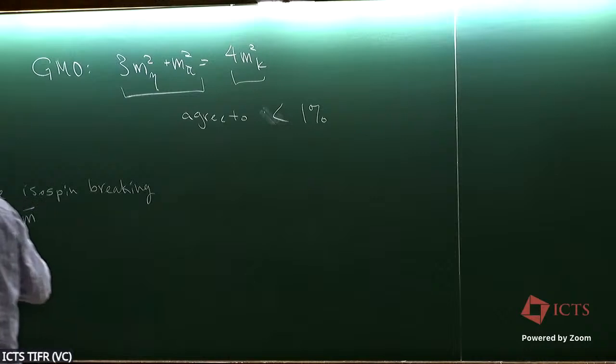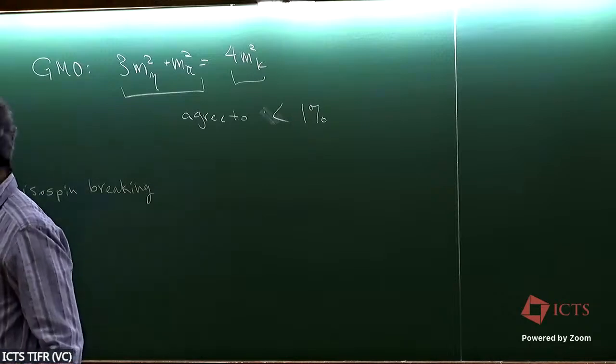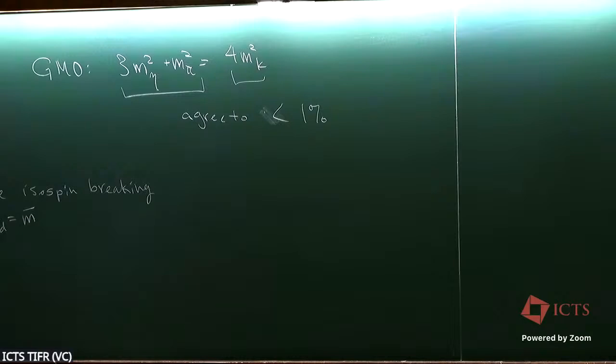With the assumption that the masses come from... see, at the time when Gell-Mann did it, QCD wasn't a theory yet. So the main assumption was that there was a symmetry breaking parameter which transforms like this.